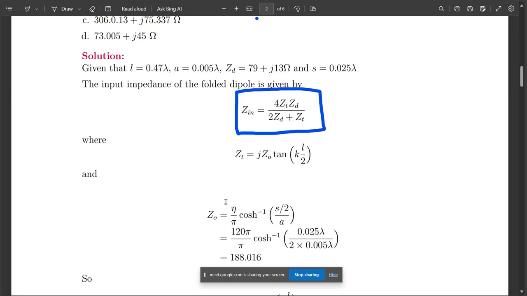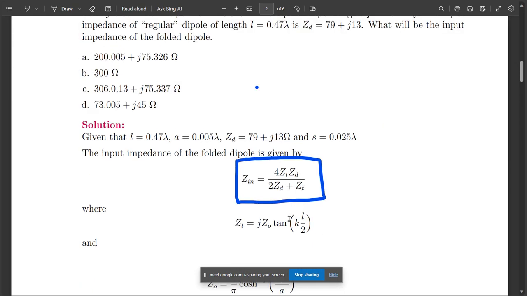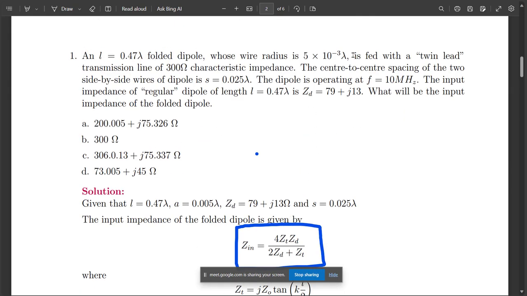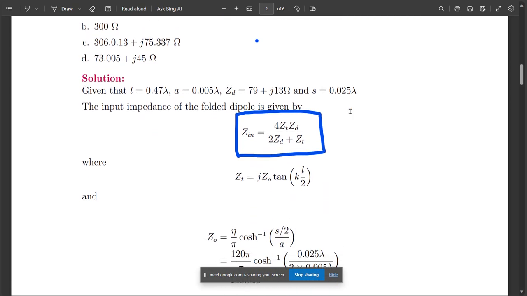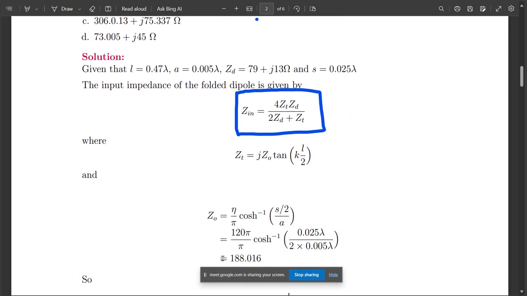You already know the free space impedance, which is 120 pi, and the value of A, the wire radius, was given to you, which is 5 into 10 to the power minus 3 lambda. So all the values are given till here. You first get Z0, put it here, and you will be able to find out Z in.